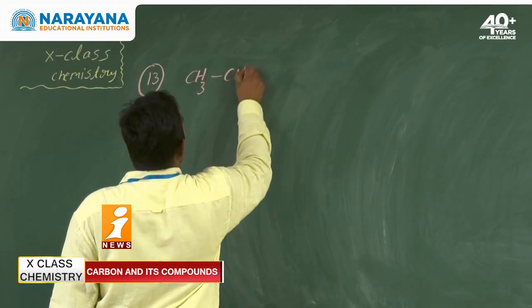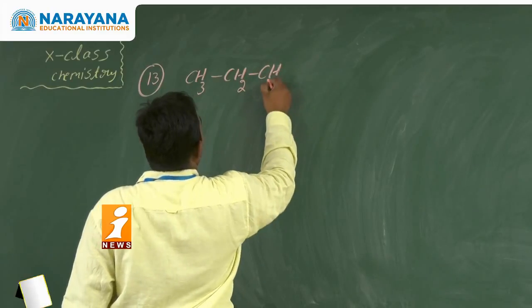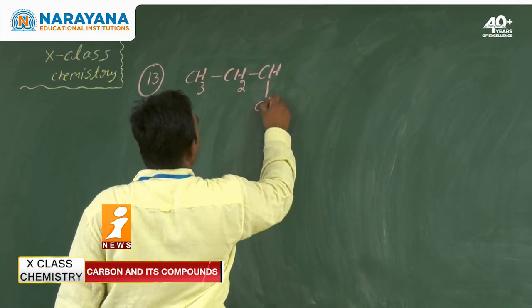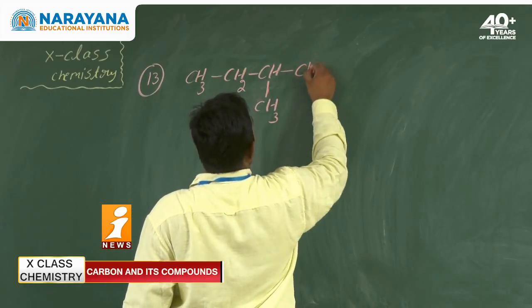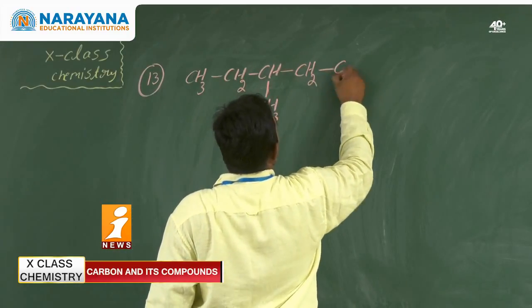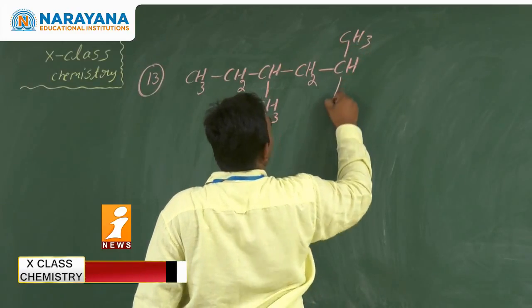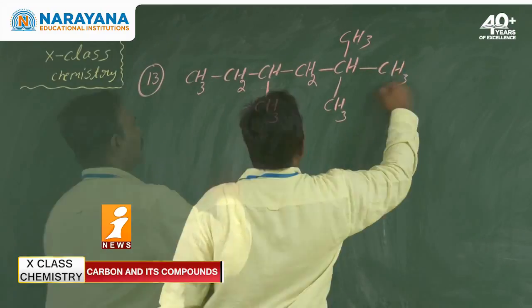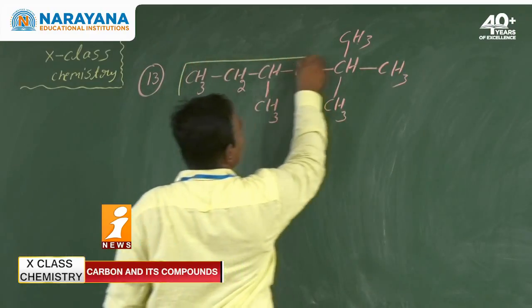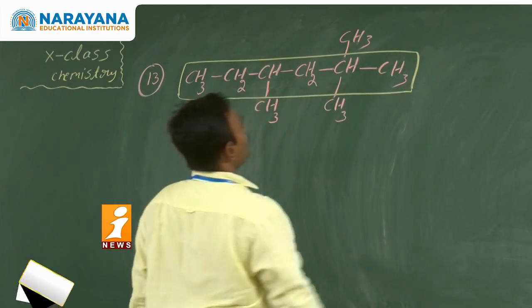CH3, CH2, CH, CH3, CH2, CH, CH3, CH3. So this is the longest continuous chain.